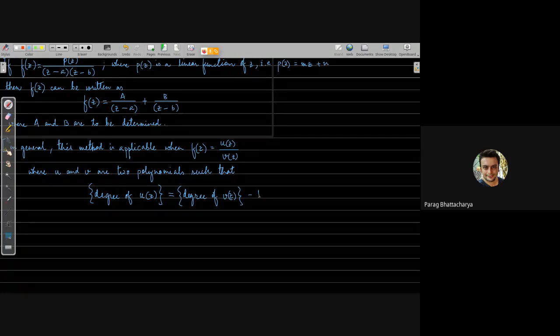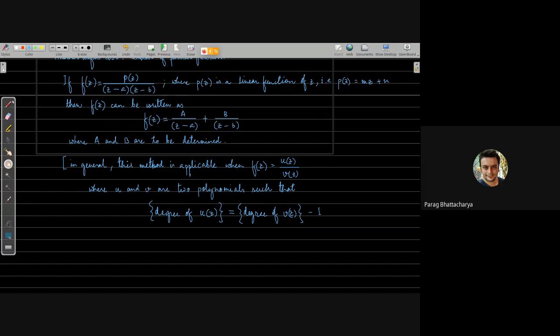So if the denominator has got a degree 5, the numerator should have a degree of 4. Then only it will work. Likewise, if the denominator has got a degree of 2, the numerator should have a degree of 1.